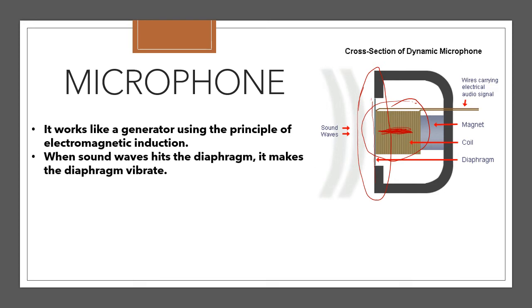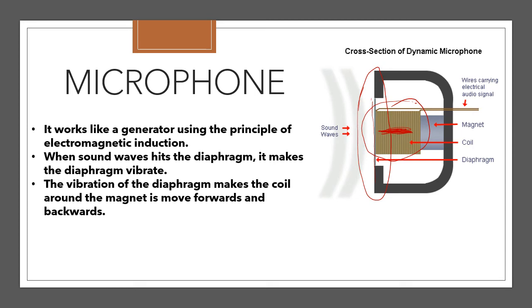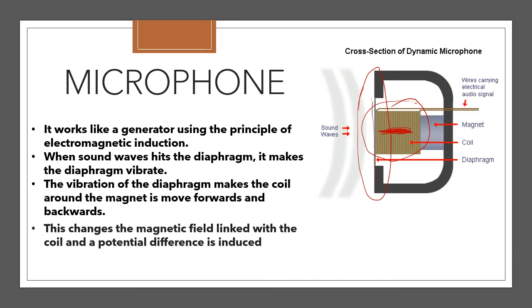When the sound waves hit the diaphragm, they make it vibrate. We have a coil of wire attached to the diaphragm. When the diaphragm vibrates, the coil also moves forwards and backwards. Since it is moving in the magnetic field created by a magnet, the magnetic field linked with the coil keeps changing, and a current flows.